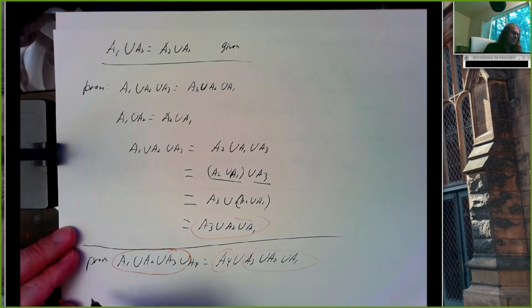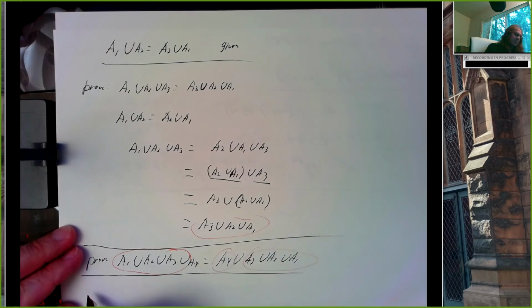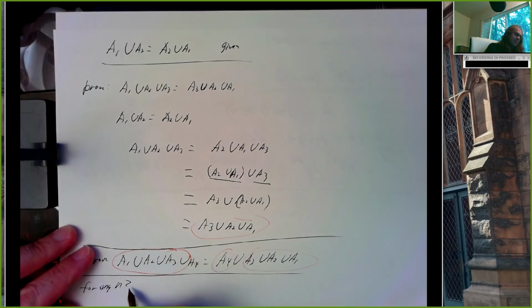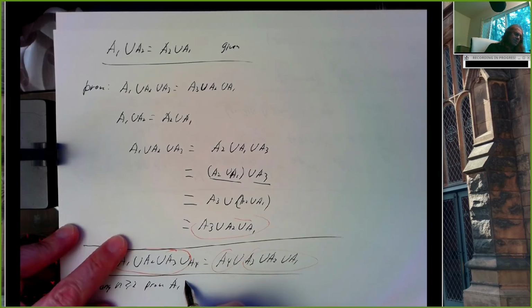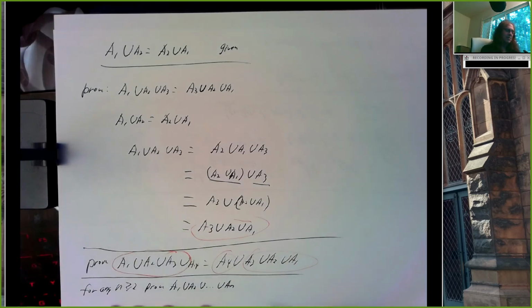But now, suppose someone says, for any n bigger than or equal to 2, prove the following. Prove that if I take the union of n sets, that's the same thing as taking the union in the opposite order.